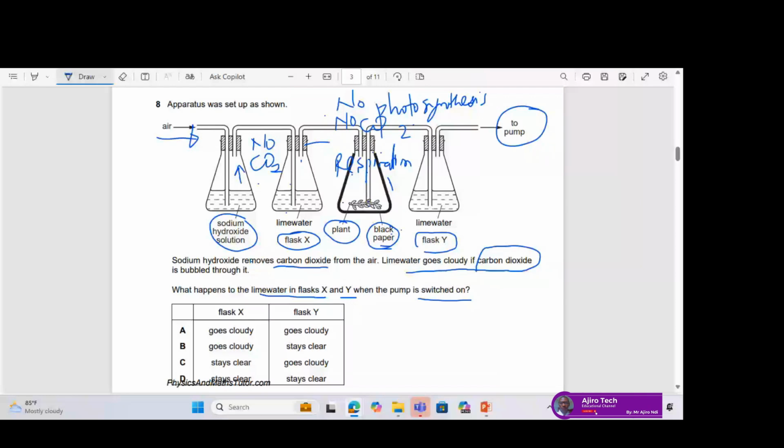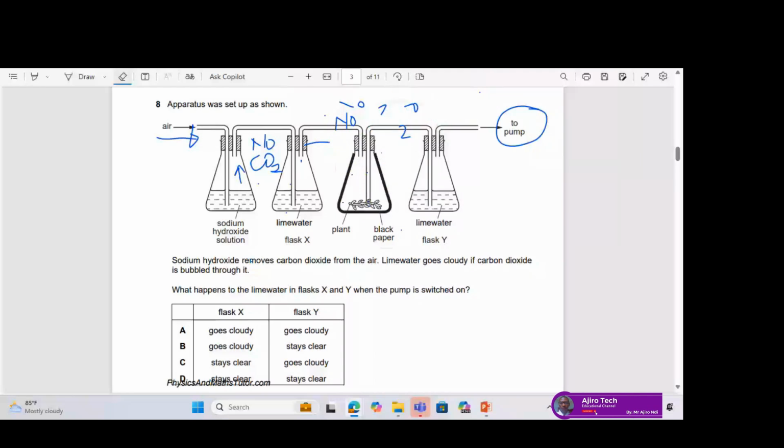So since this plant is only respiring, what is the waste gas produced during respiration? Can you write out the equation for aerobic respiration for me, or spell it out? Can you remember that?